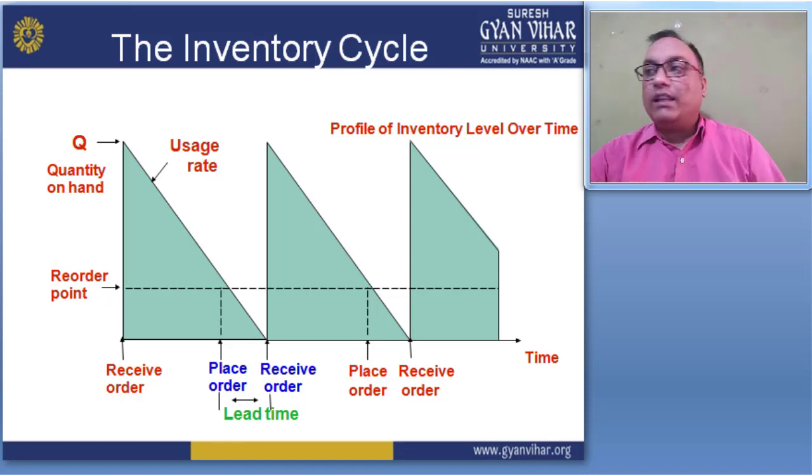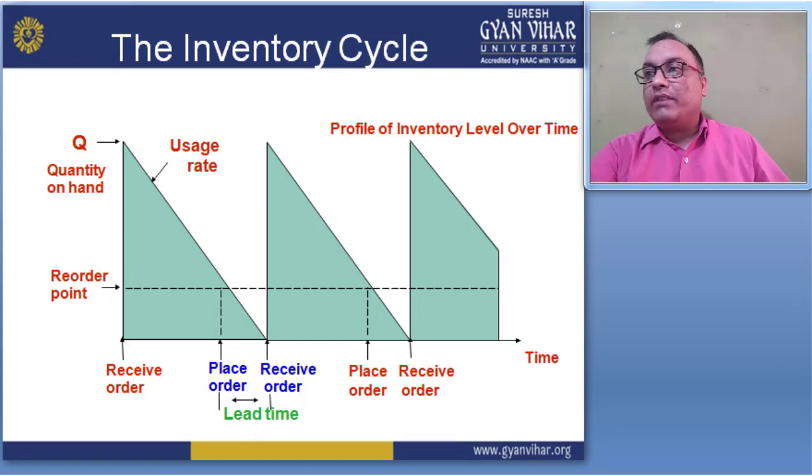On the y-axis, Q gives the quantity on hand, meaning the order quantity, and the x-axis shows time.